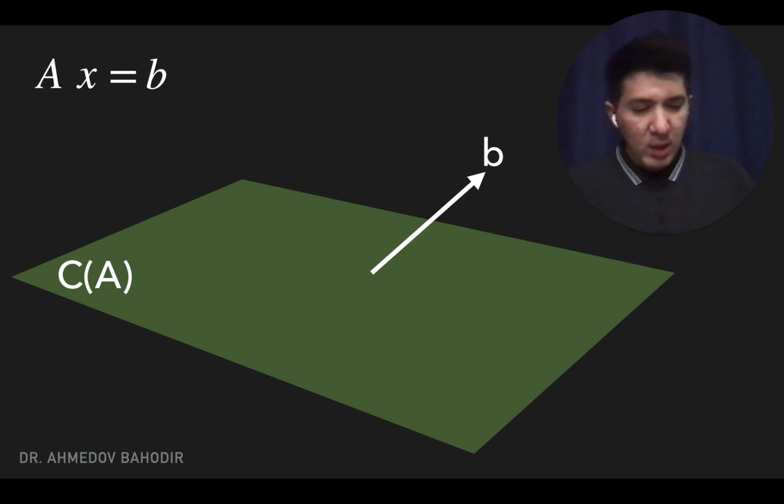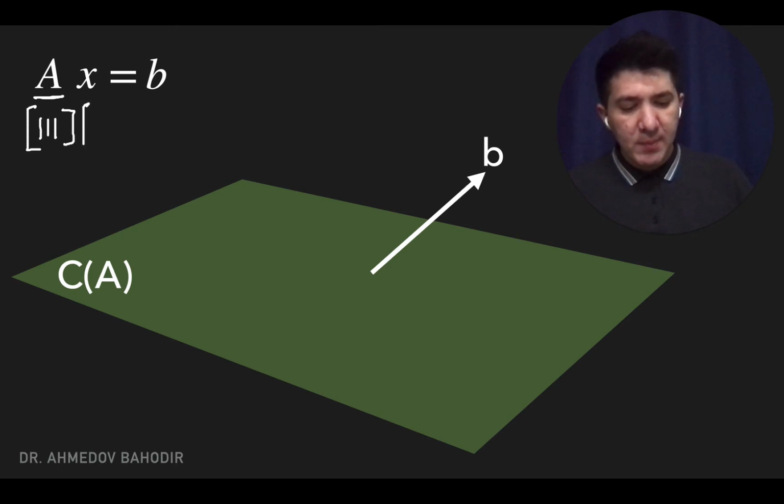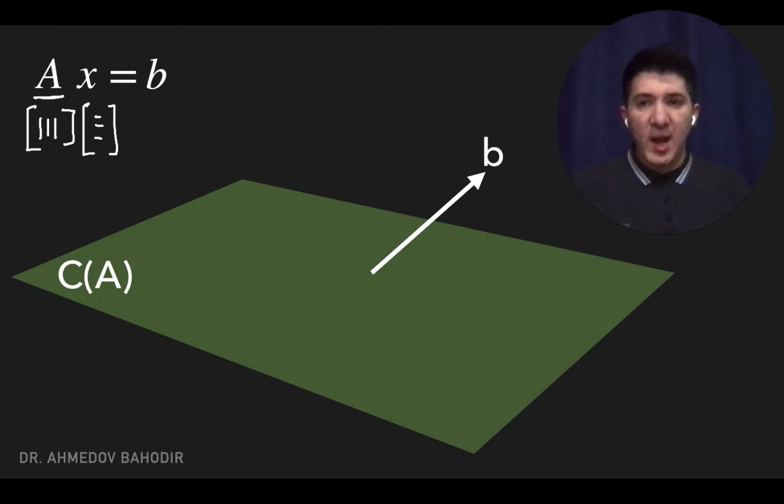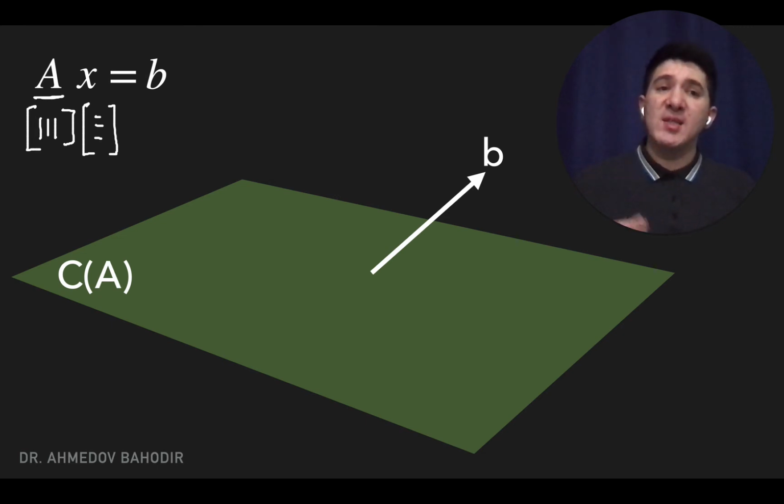So essentially, you are given the matrix A, it has some certain columns, okay? You need to combine them using the entries of this vector x, and you need to find a proper combination of the columns of A, which would give you exactly the b, okay? And when the system does not have a solution, it would mean that this b is not in the column space.